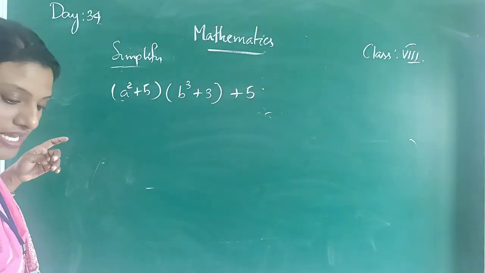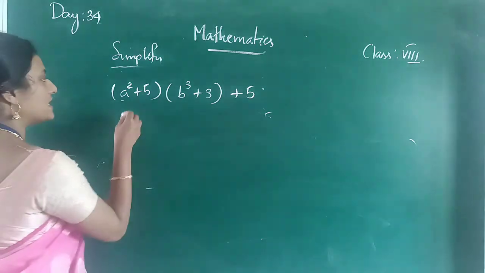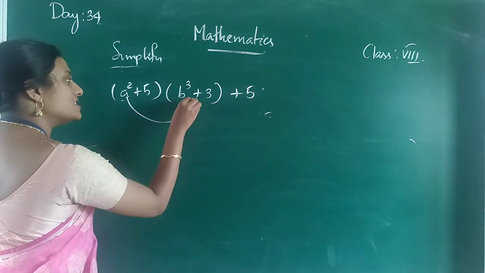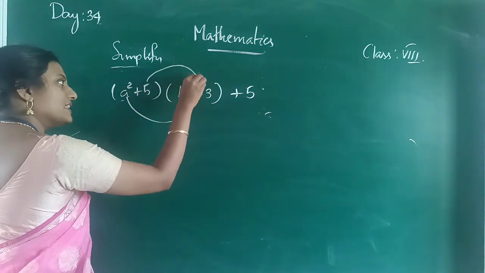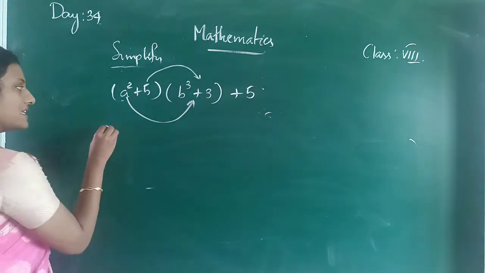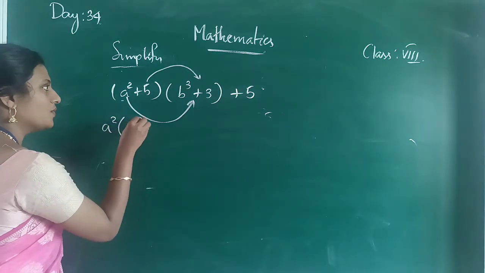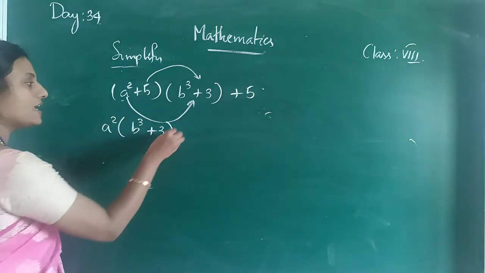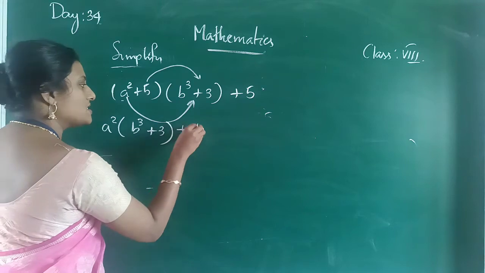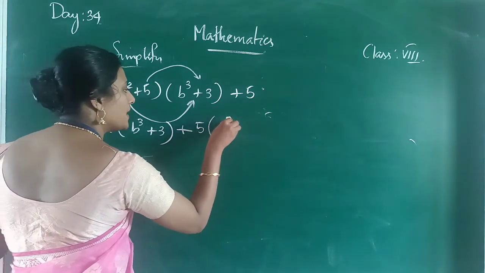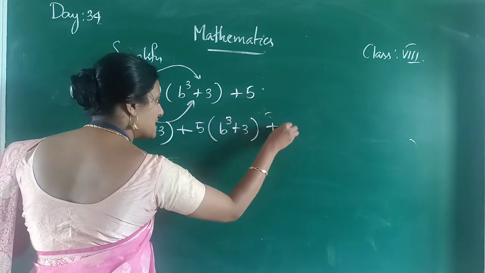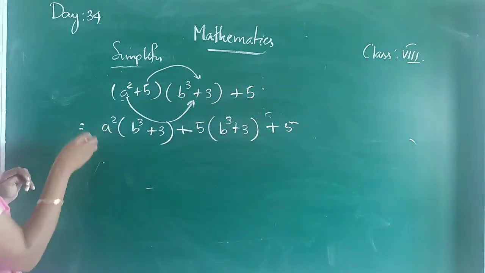The second question, a square plus 5. First you have to multiply the first term with the second bracket, then the second term with the second bracket. That is, a square into b cube plus 3, plus second term 5 into b cube plus 3, plus 5. Okay. Next, use the distributive property.